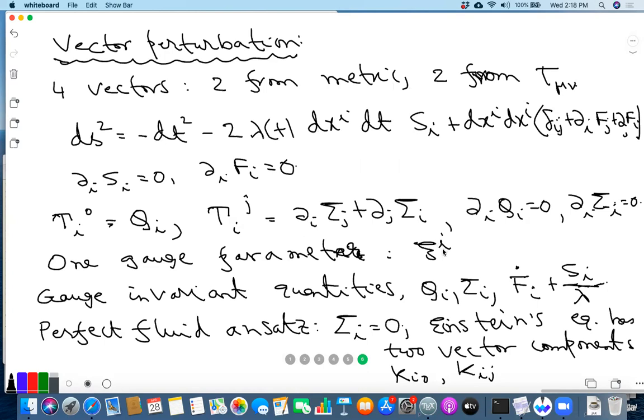The xi goes to xi minus epsilon. That's a vector gauge parameter, once you impose the del_i epsilon_i equal to 0 condition. So we had 4 variables before counting gauge transformation.